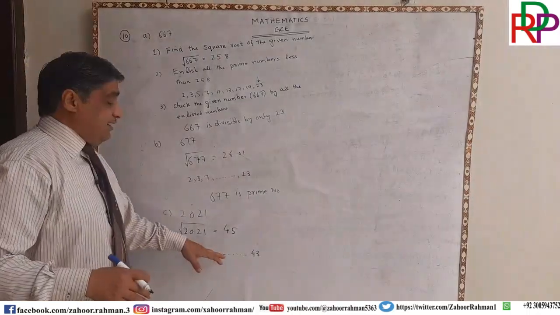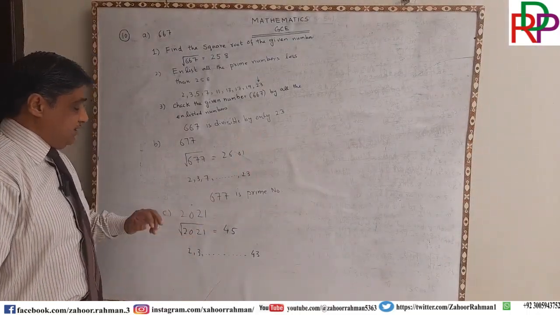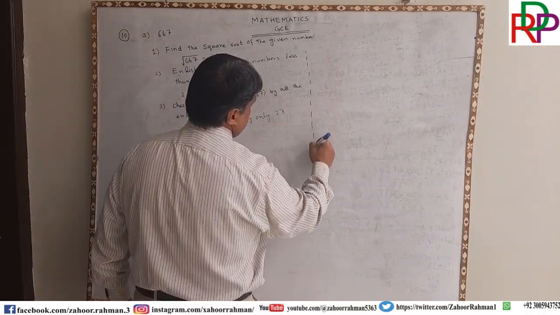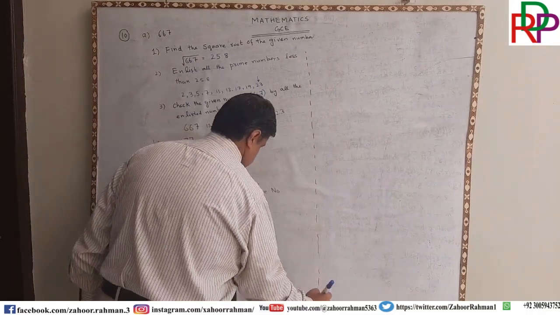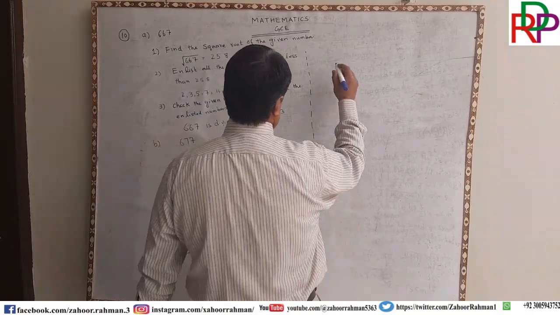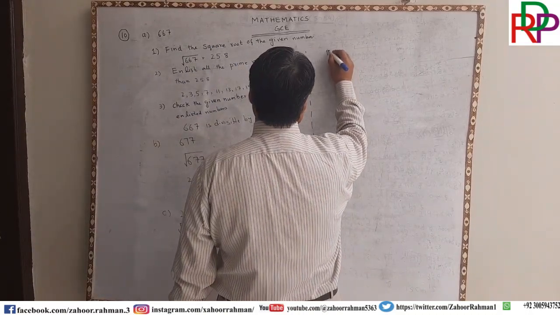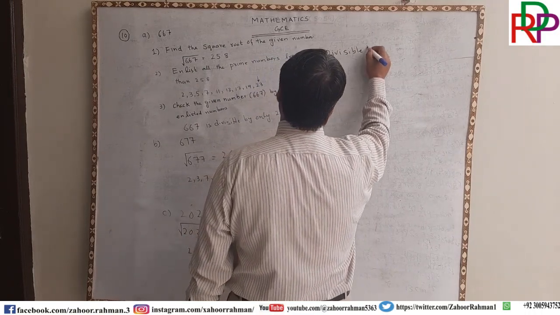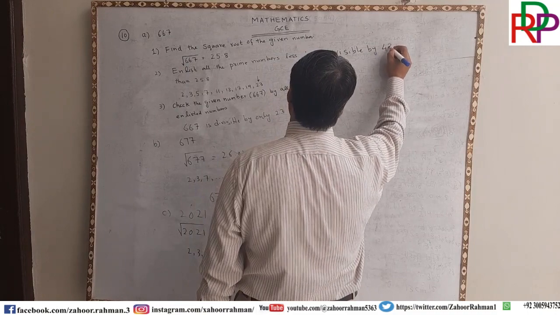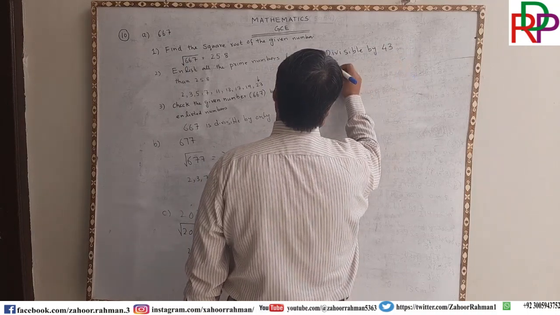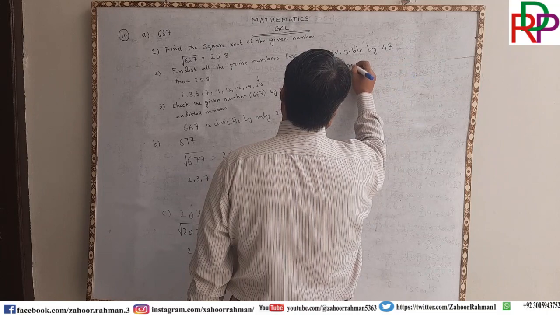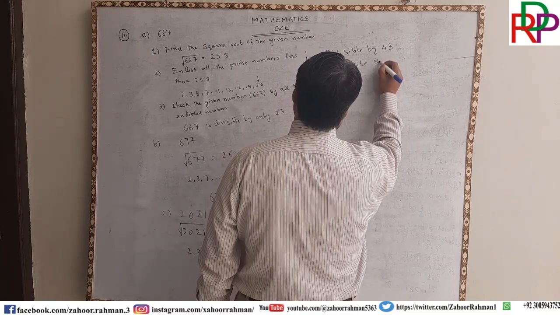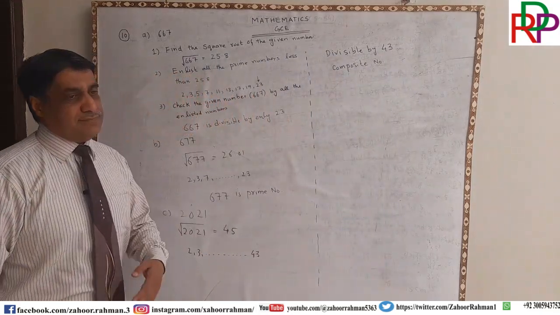If you check all the numbers, 2021 is only divisible by 43. Divisible by 43 means that it is a composite number, because it has more than 2 factors. So it is a composite number.